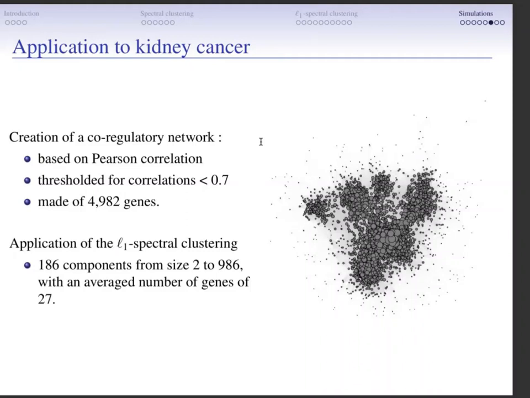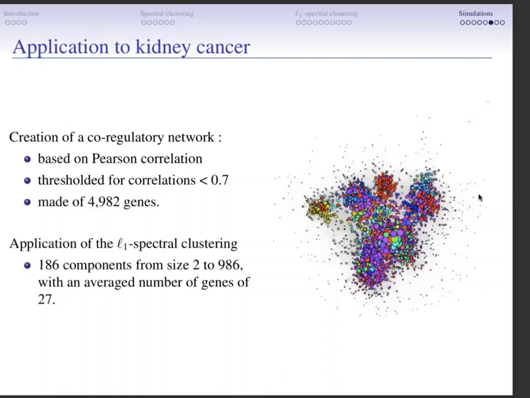I measured the correlation between all genes, and I thresholded for correlation smaller than 0.7. My network is made of around 5,000 genes. And after applying the l1-spectral clustering, we found this kind of network, with around 200 components with an average number of genes of 27.